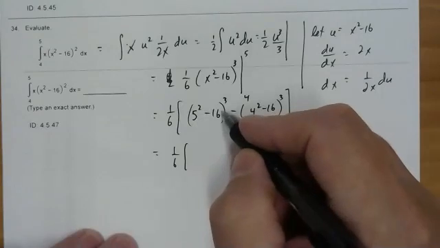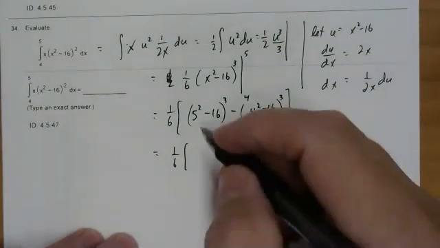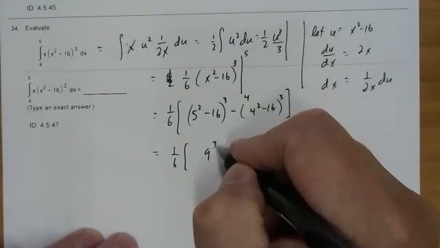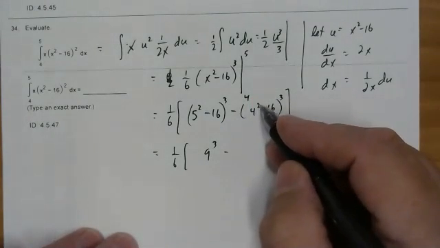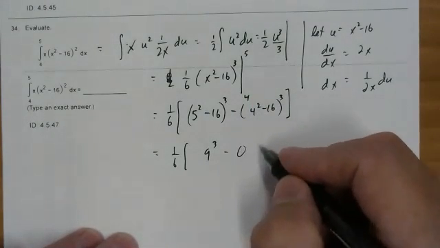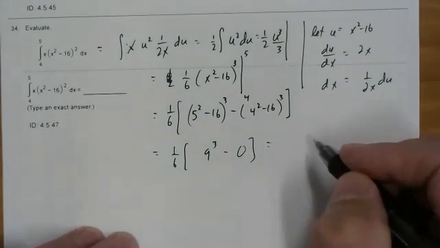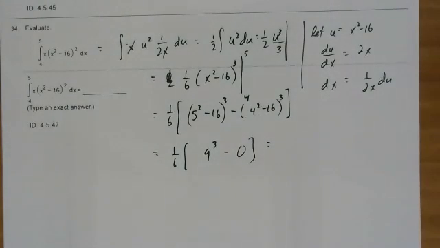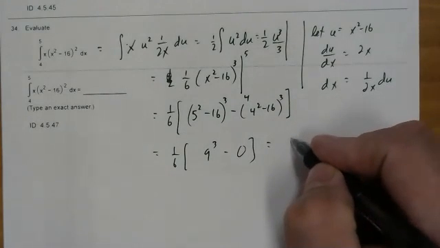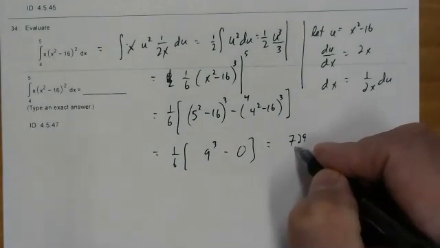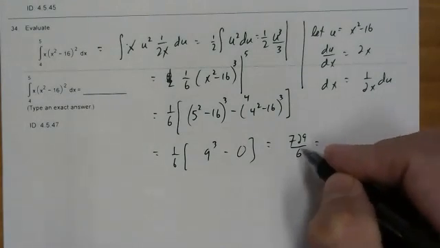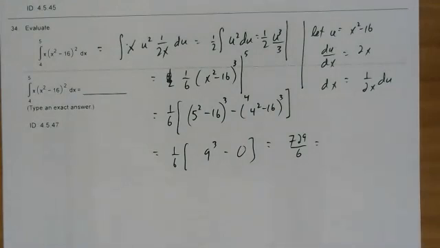So this is 25 minus 16, which is 9. 16 minus 16, well, that's nice. So what is 9 cubed? Maybe 729. Now, no, I don't think 6 goes into that.